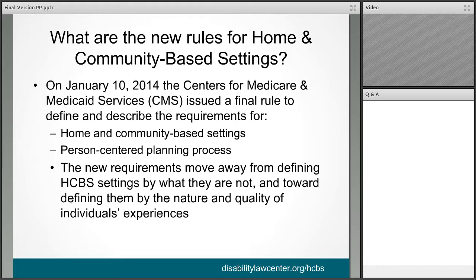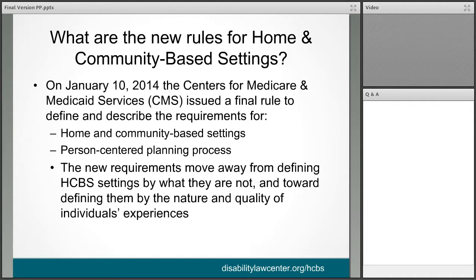On January 10th, 2014, the Centers for Medicare and Medicaid Services, or CMS, announced a new rule to explain what kinds of services can be covered through a state's Medicaid-funded home and community-based services program. The new rule defines and describes the requirements for home and community-based settings and the person-centered planning process.